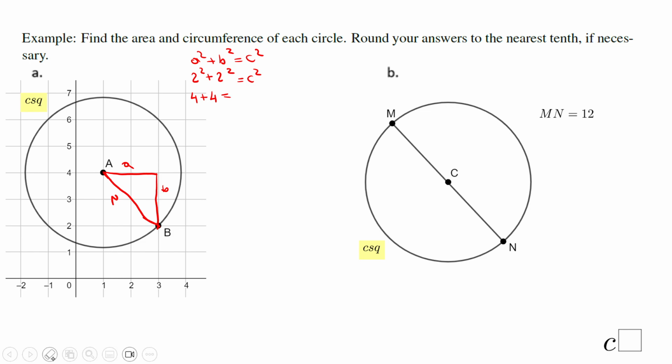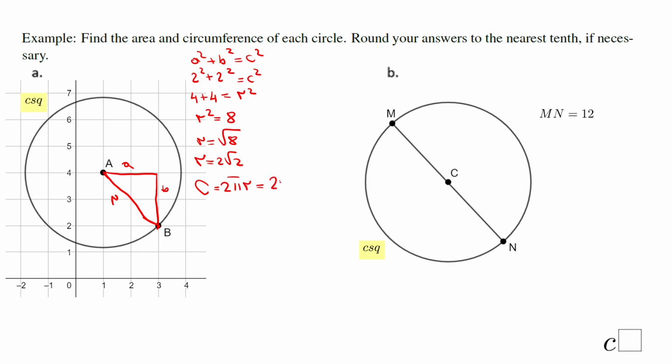Radius squared will be 8, and the radius itself is going to be square root of 8, which can be simplified as 2 square root of 2.